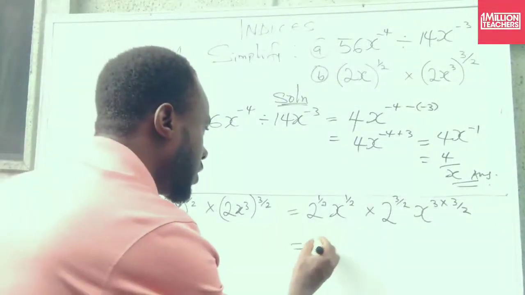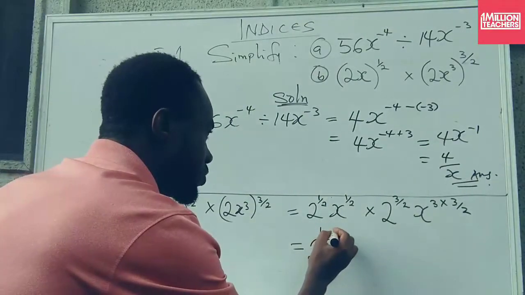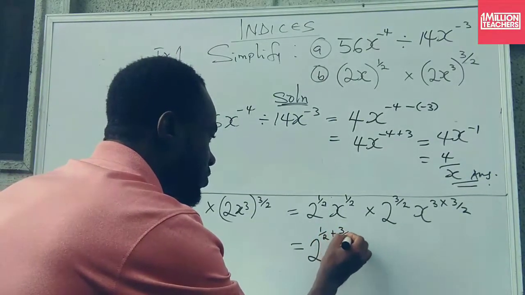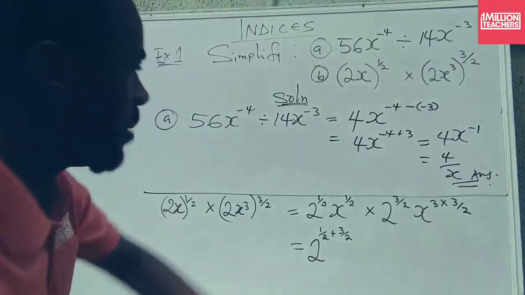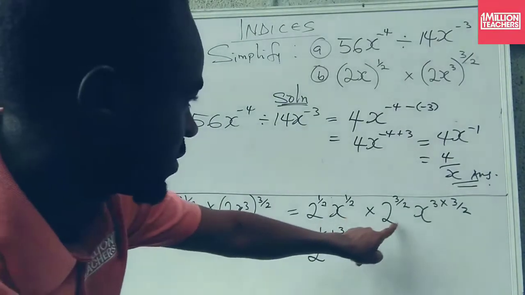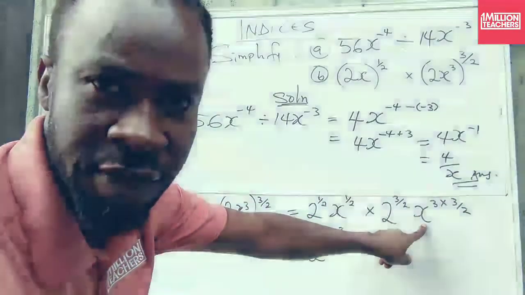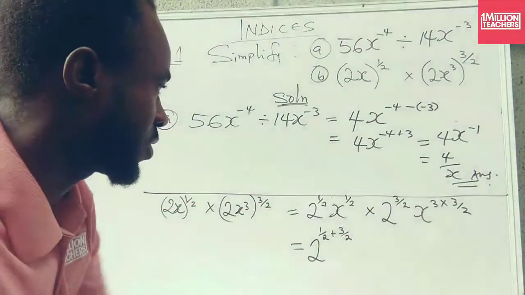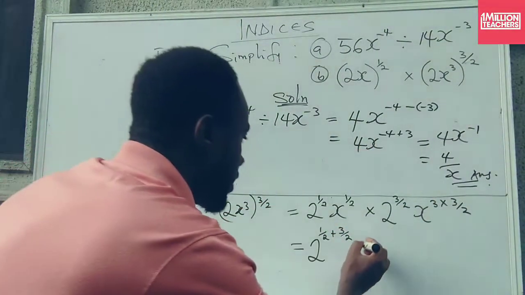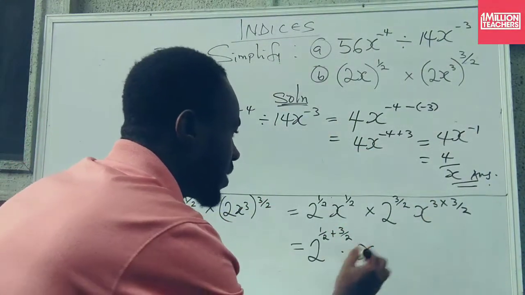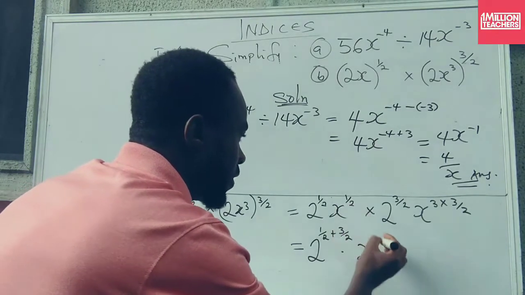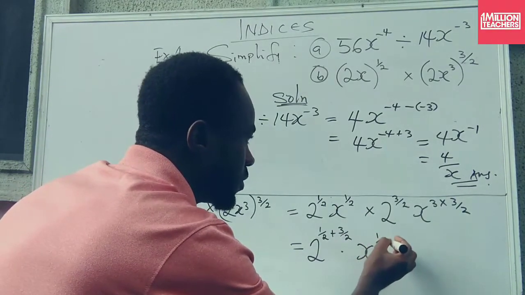So this gives me 1 over 2 plus 3 over 2. And then I'm also having x times x, the same base, so I'm going to sum up their powers because of the multiplication law. This gives me 1 over 2.